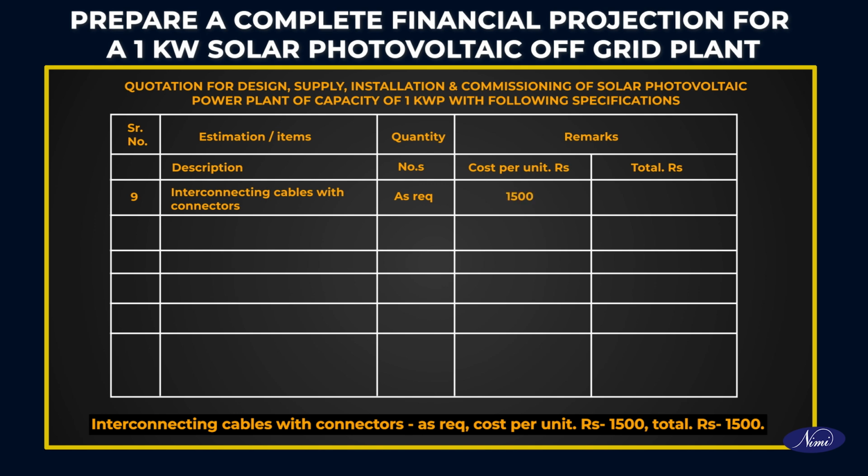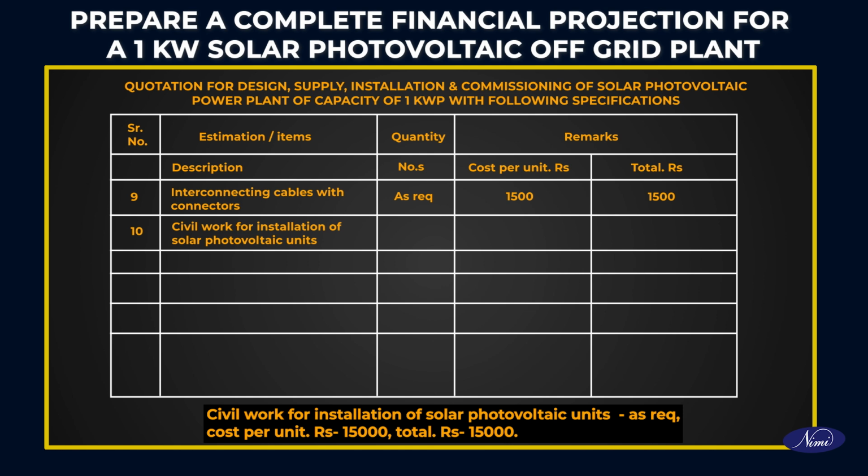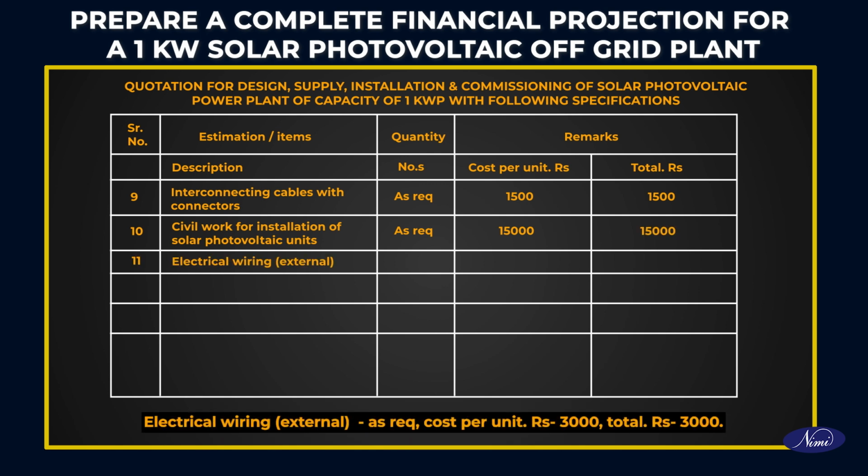Total ₹1500. Civil work for installation of solar photovoltaic units as required. Cost per unit ₹15,000. Total ₹15,000. Electrical wiring external as required. Cost per unit ₹3,000.